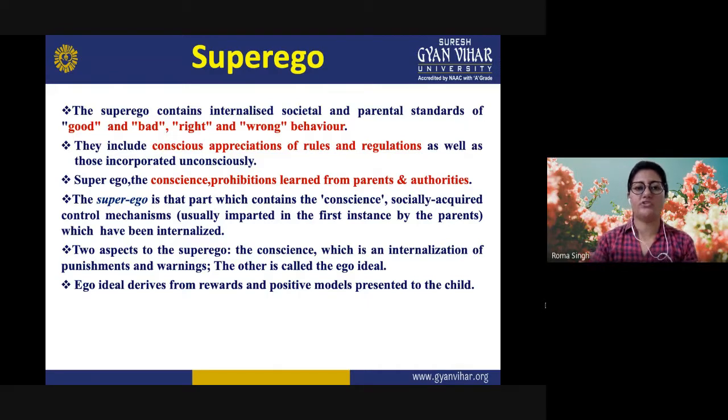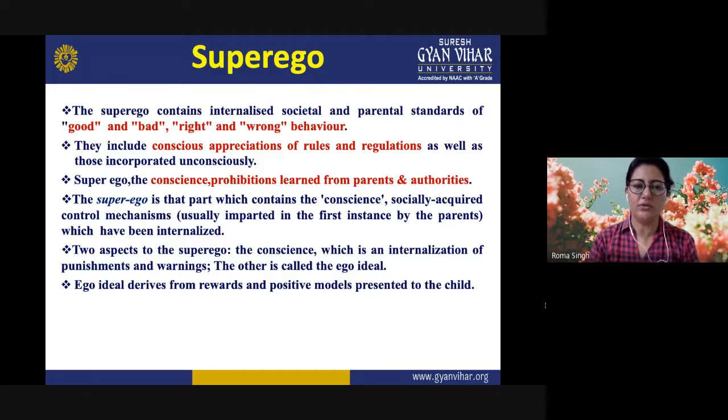They include conscious appreciation of rules and regulations, as well as those incorporated unconsciously. Superego is the conscience, prohibitions learned from parents, authorities, society.